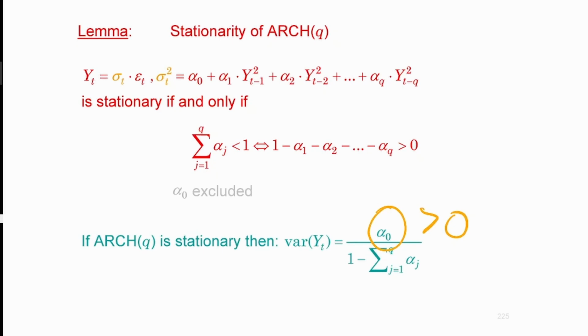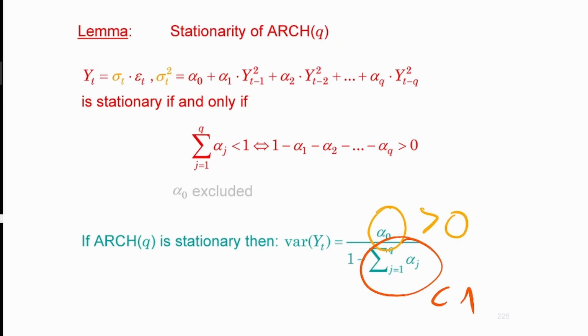Number two, this sum is less than 1, because if it was equal to 1, then you would have a variance which is not finite. So then it would not be stationary. You understand what I'm saying?